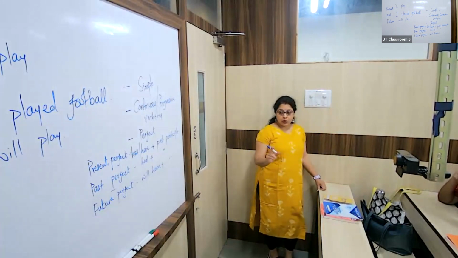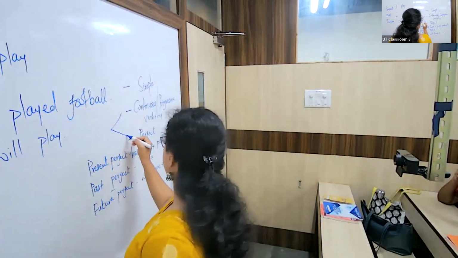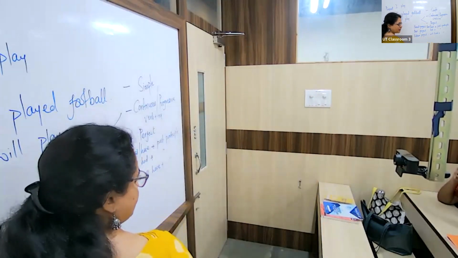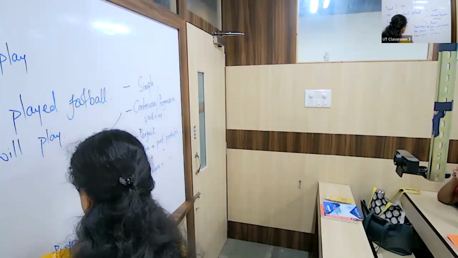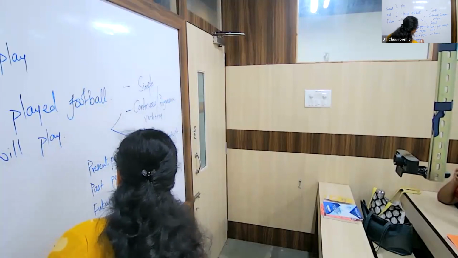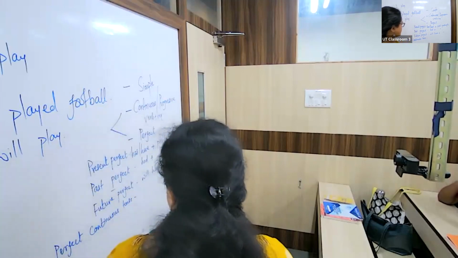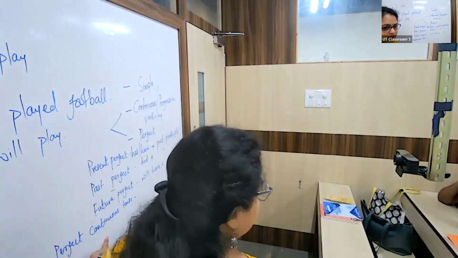Now there is one more. There is a combination of this and this, and that is known as perfect continuous tense. How do we write perfect continuous tense?